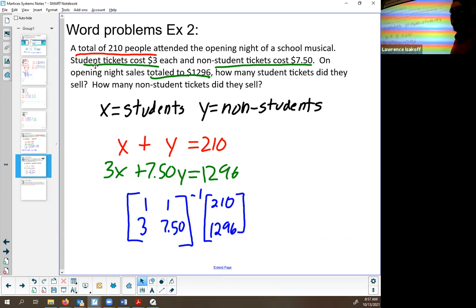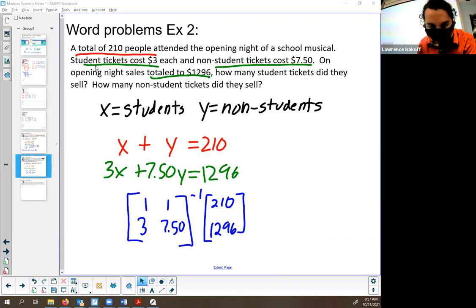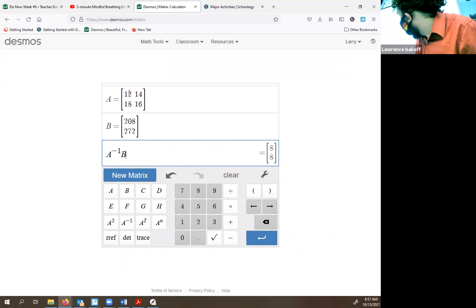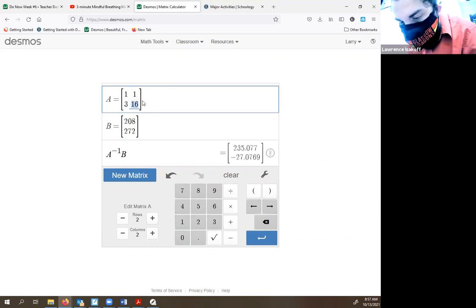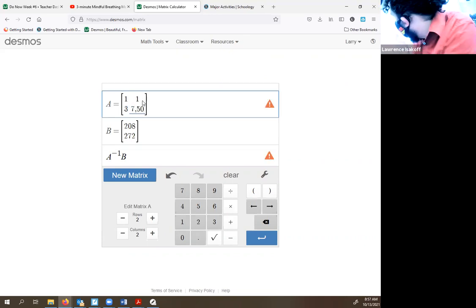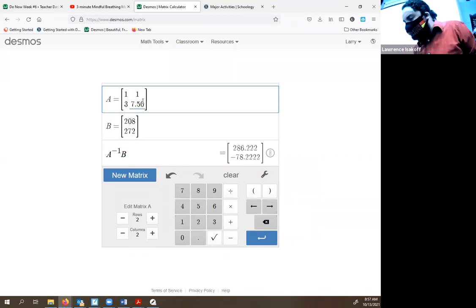Now it's just a matter of putting this in the calculator. It was $3. That was $7.50. Oh, I put a comma instead of a decimal, so it gave me that error. Now we're good.